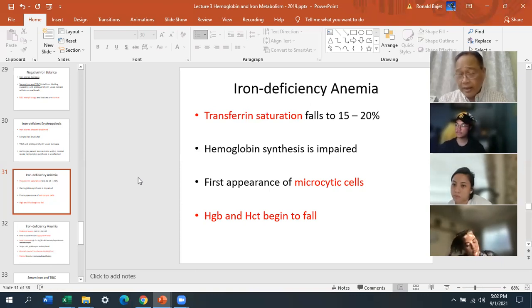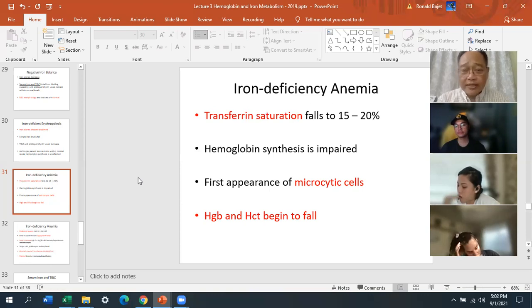Next thing you look at, if the sample is okay, then you take a look at other things. And one thing to look at is the MCV, to see what you're dealing with. There's a lot of things that you can pick up from looking at this MCV, and I'm going to teach that to you. So in iron deficiency anemia, the cells are microcytic, meaning that the cells are small.